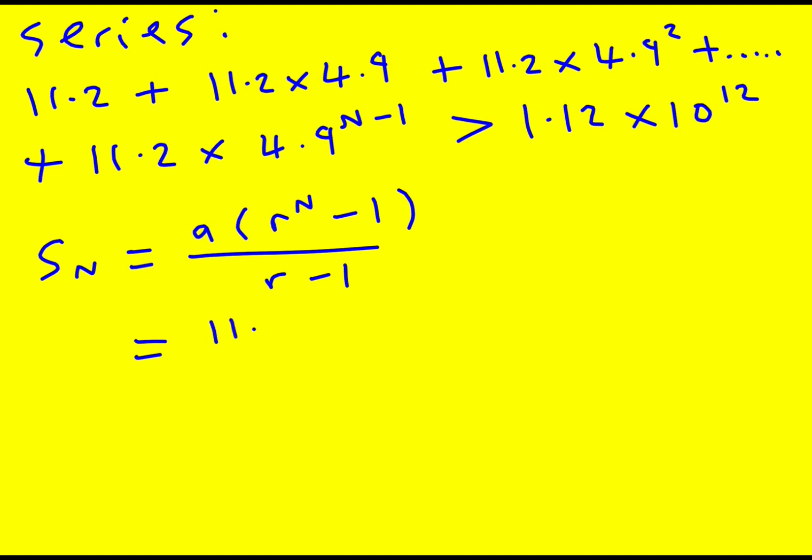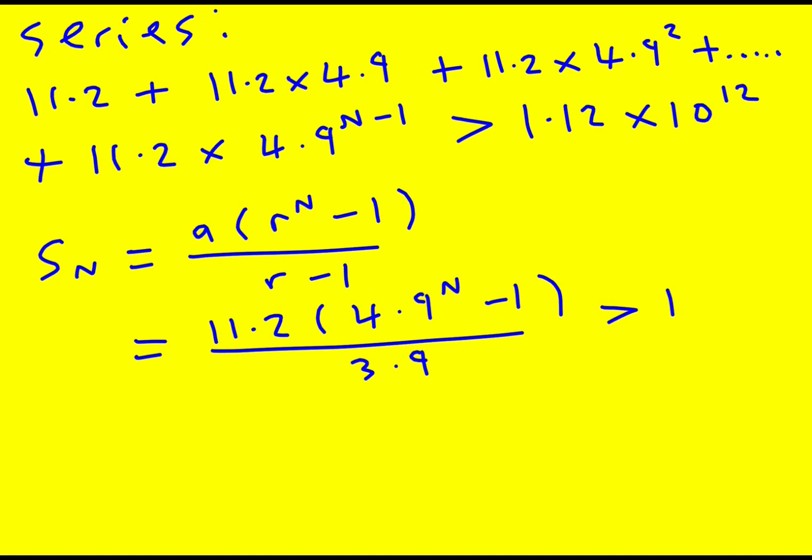That will equal 11.2 times 4.9 to the n minus 1 all over 3.9. And this is greater than 1.12 times 10 to the 12. Remember, now we've got an inequality just in terms of n, which we need to solve.